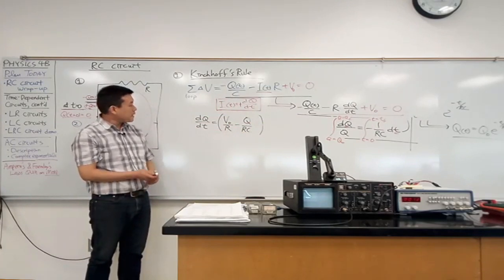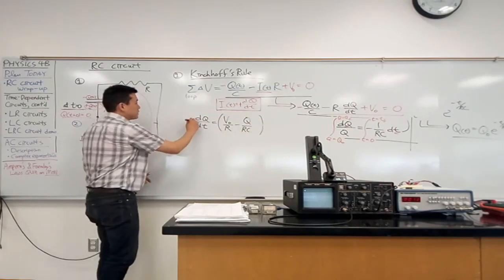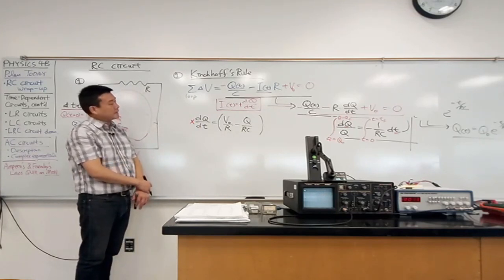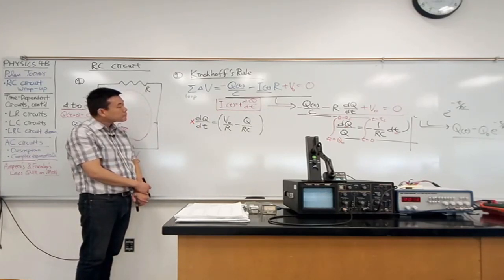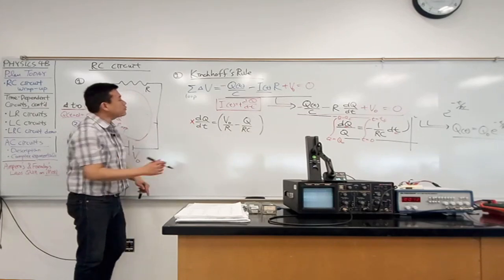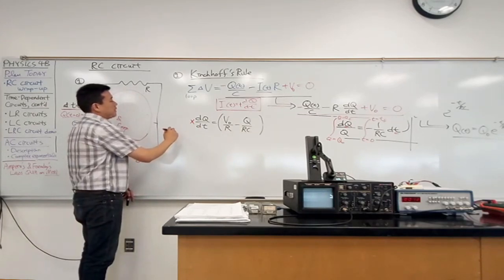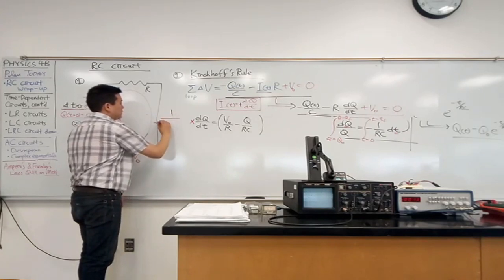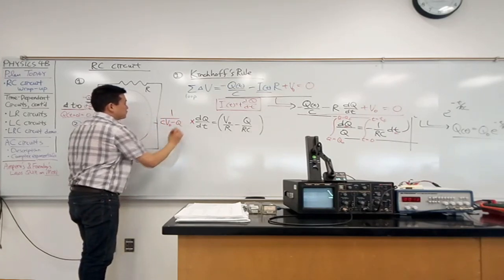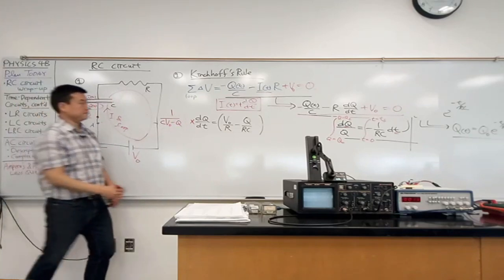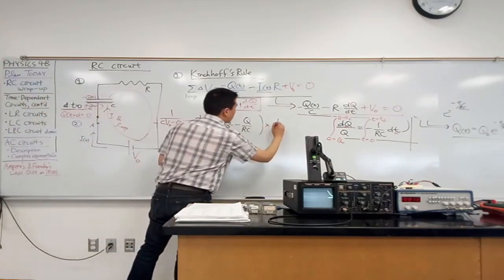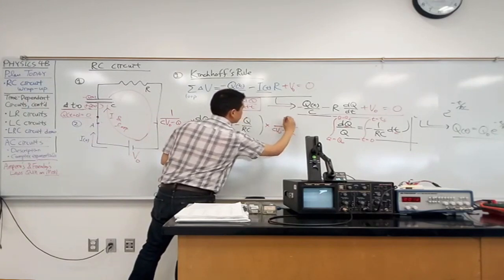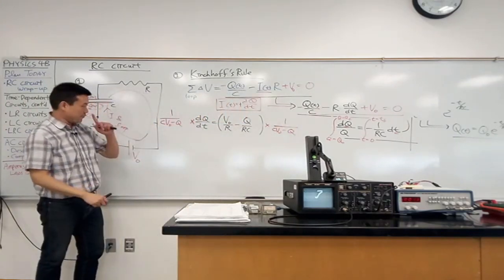And this time, I'm going to divide both sides by 1 over C V naught minus Q. So times 1 over C V naught minus Q. There's a reason I'm doing it that way.